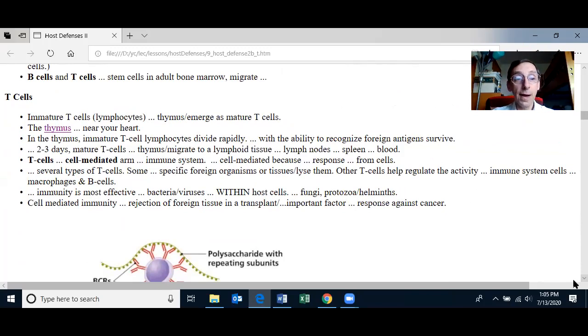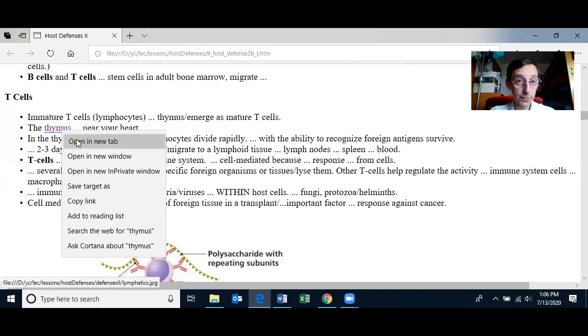They will migrate out of the bone marrow and move to the thymus, where they will mature, and they'll stay there until they become mature T cells, although you can question how mature they are, because they're not fully mature. But they mature in the thymus, and then they start moving around the circulation.